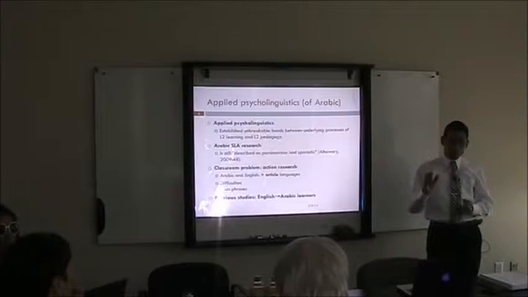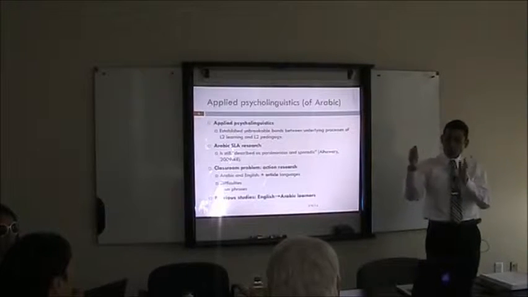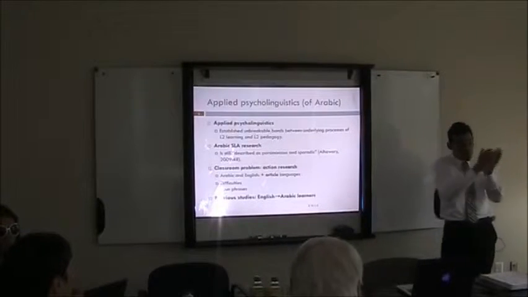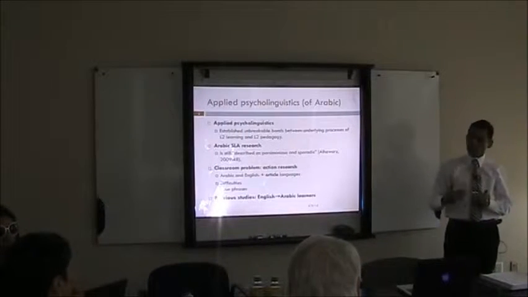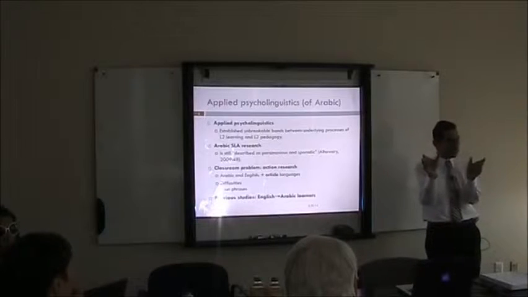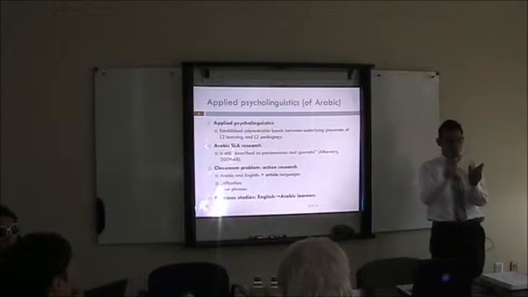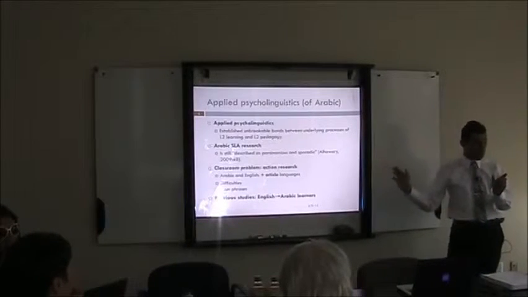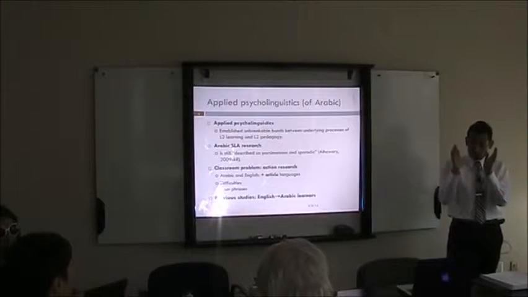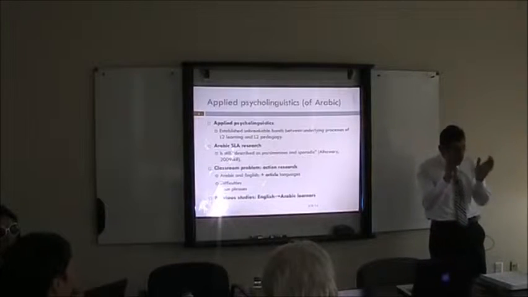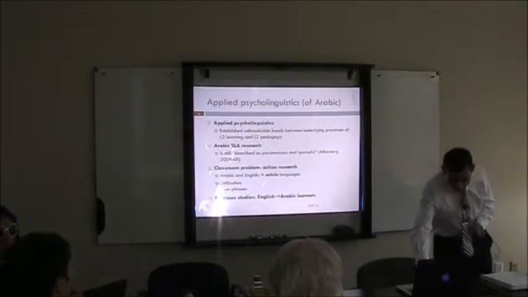The focus was on agreement between noun and adjective in noun phrases. This is a different component of the problems of the definite marker, because in Arabic, when you have the noun and the adjective, they have to agree in definiteness. But this is not what I'm going to talk about. My focus is different. It is not agreement, it is the semantics or the meaning of the definite article in a number of noun phrase configurations.